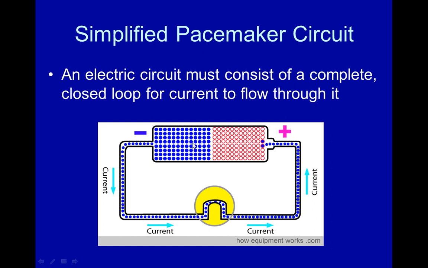Now, here's a pictorial diagram of that, and these blue dots all represent a bunch of free electrons that have been created in the battery's anode, and then there's some conductor that's open going through the myocardium.